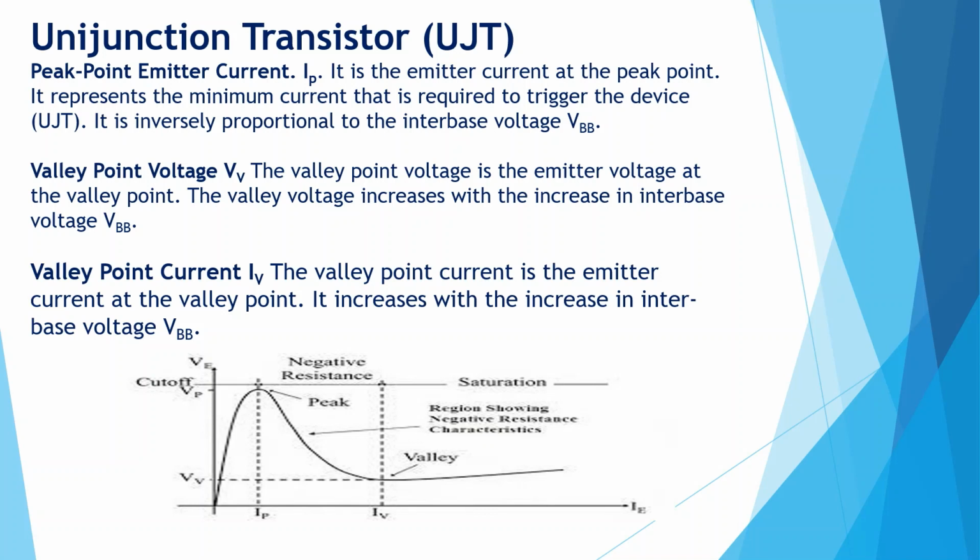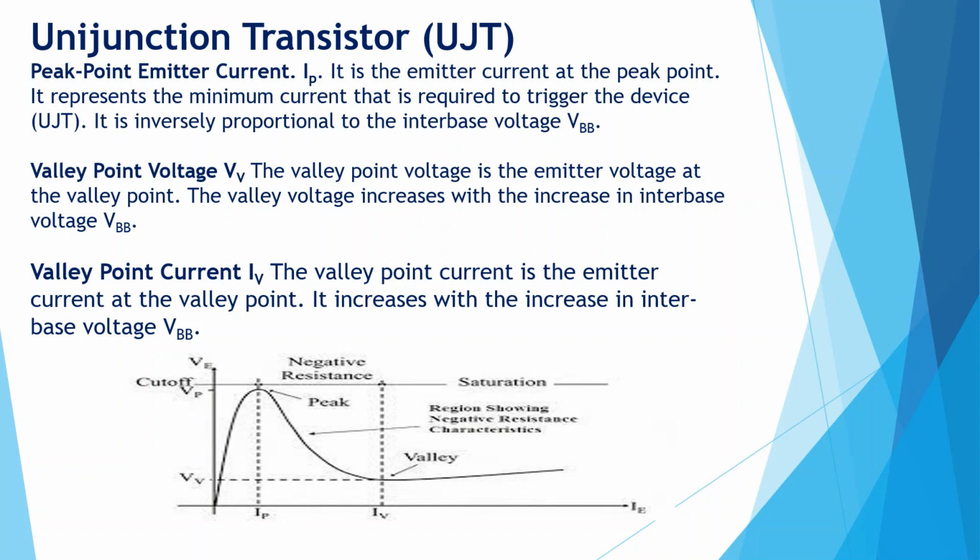This is called the valley. Here the VE value is decreasing as the current increases. This region of a unijunction transistor is called negative resistance, and this will be helpful when we design an oscillator circuit.